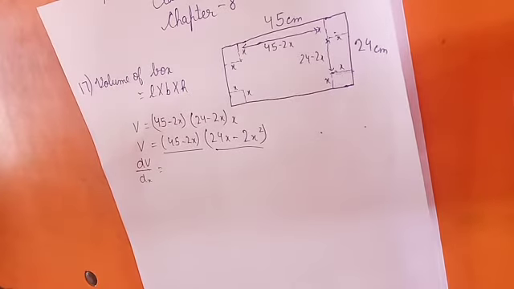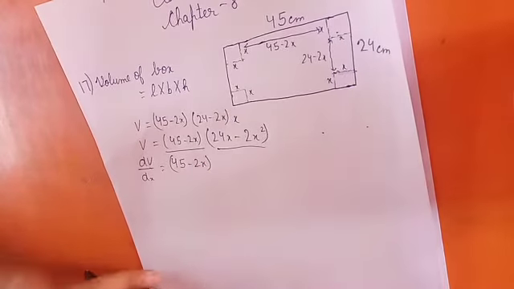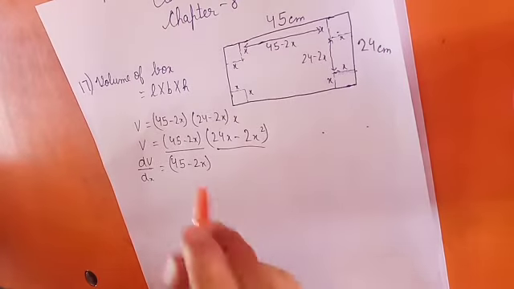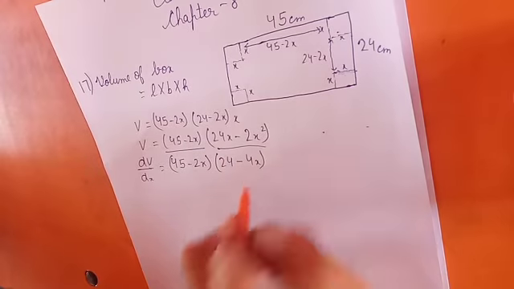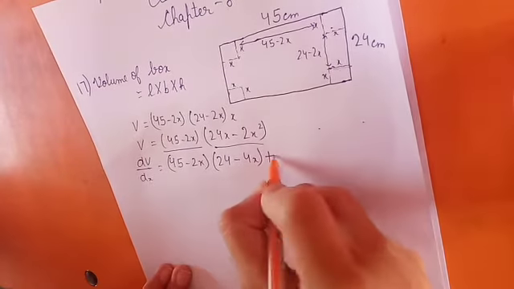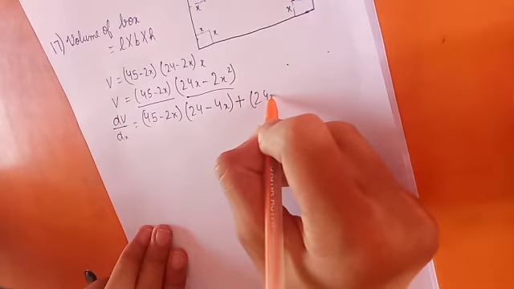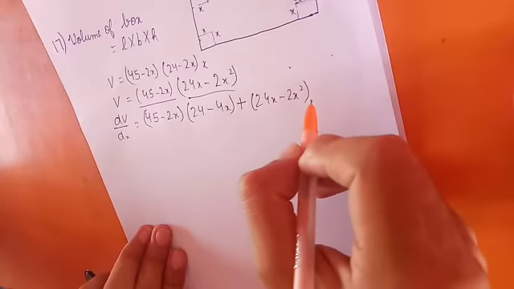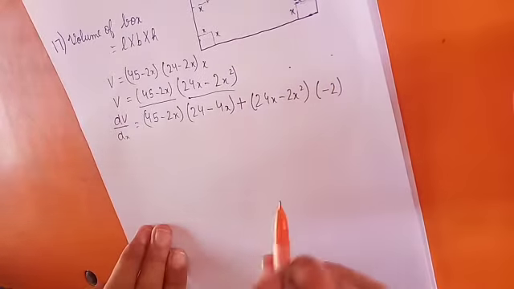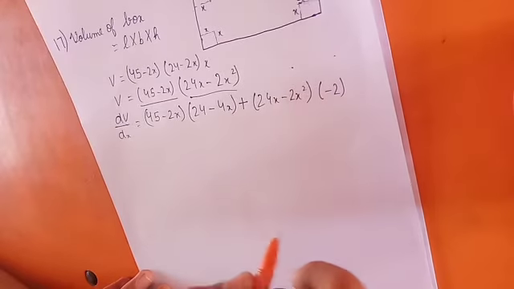That is, first term as it is, 45 minus 2x as it is, its differentiation is, this is 24 and it is minus 4x, then plus sign. Then second term as it is, means 24x minus 2x square as it is, and differentiation of 45 minus 2x will be minus 2. Now we can solve it.